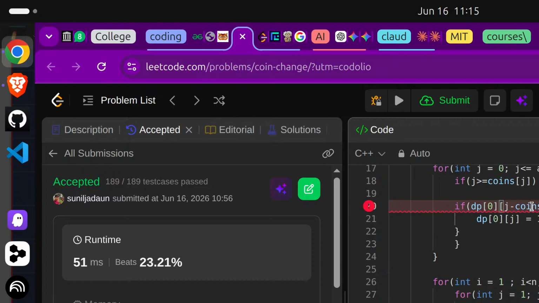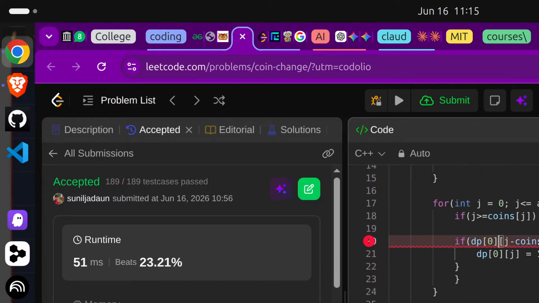j minus 0. Yeah, I think it's correct. No, yeah.